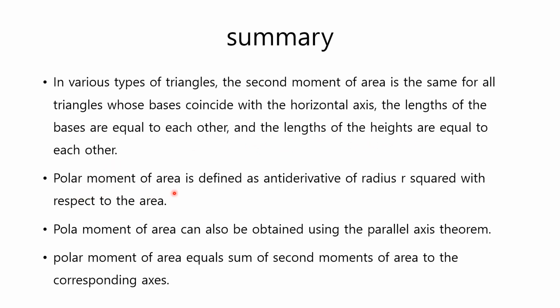Polar moment of area is defined as the antiderivative of radius r squared with respect to the area. Polar moment of area can also be obtained using the parallel axis theorem. Polar moment of area equals the sum of second moments of area with respect to the corresponding axes.